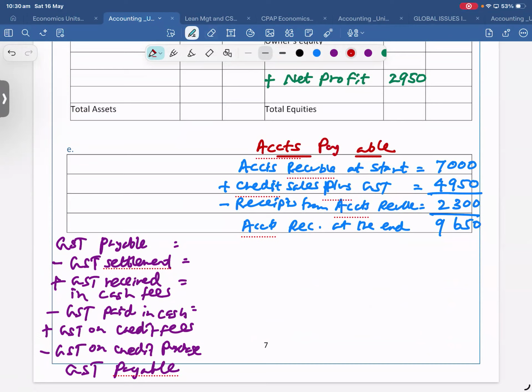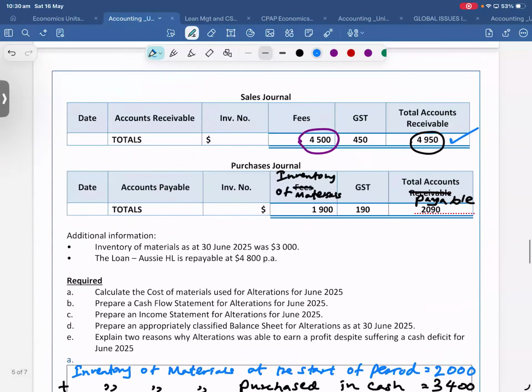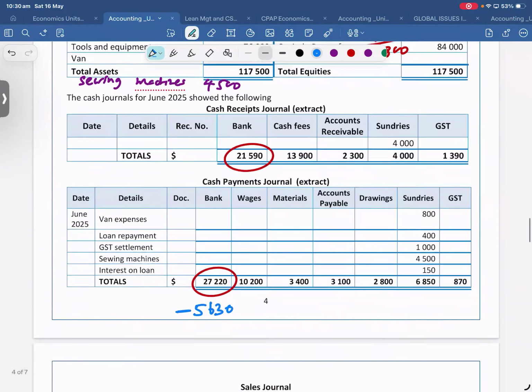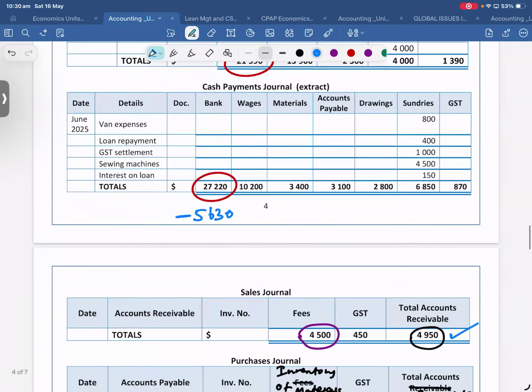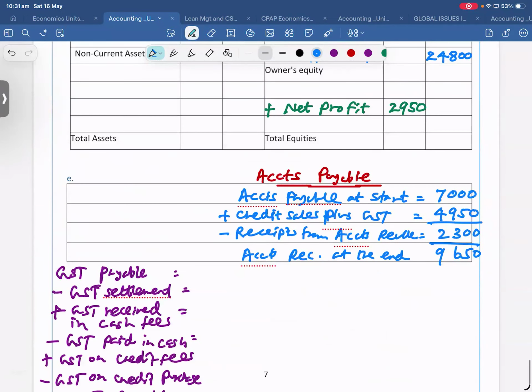Now I'm going to say accounts payable at the start, which is 2,500. Good, 2,500.